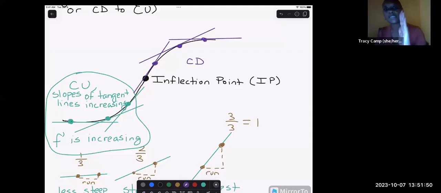You start off with a steep tangent line, and then it becomes less steep, and then it becomes practically horizontal. And then you might even imagine the curve continuing like what we imagine happening.